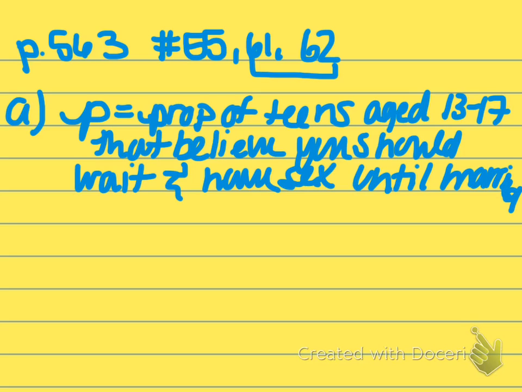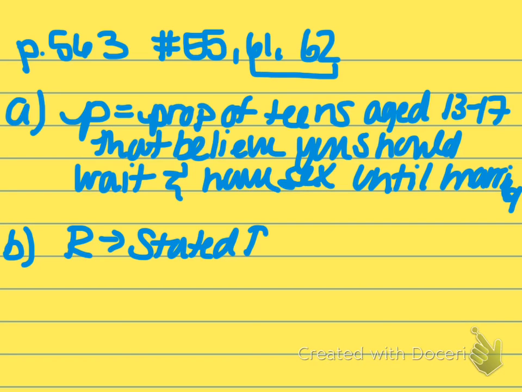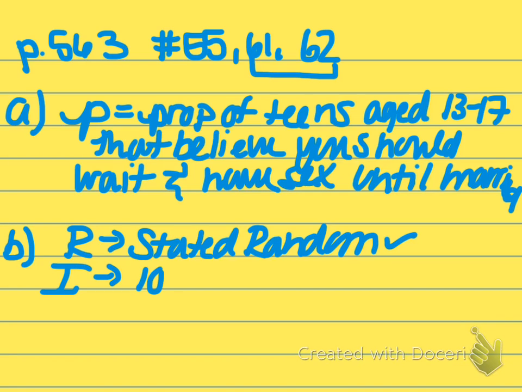Part B says check the conditions. In part B, it does say random sample, that's stated. Independence: 10 times n.